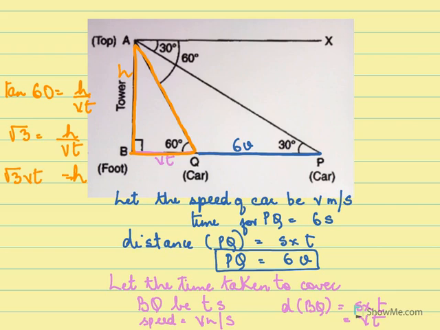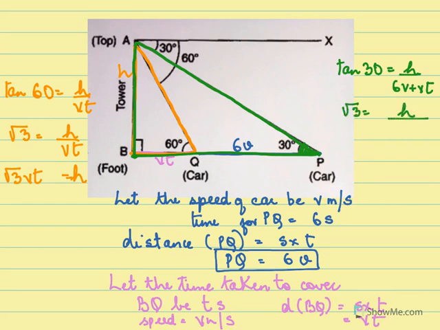And on the other side then we took this big triangle with 30 in it. And here too we use tan. Tan 30 is h over, now in this case we did 6v plus vt because it was the entire BP. So tan 30 is h over 6v plus vt.